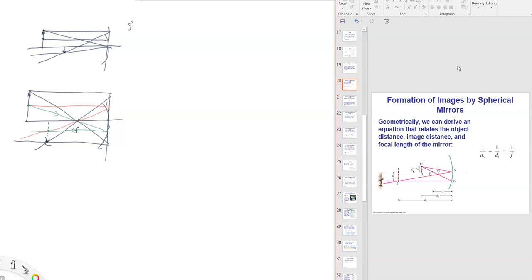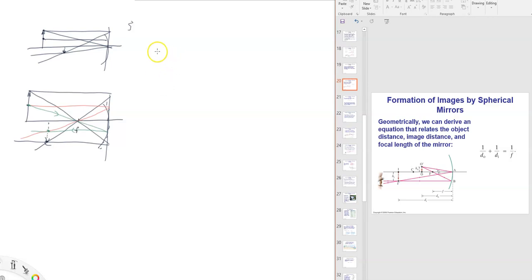Once you understand where these images form, once you have a general idea how to draw the ray diagram, even if you don't draw it to scale, you can have a general idea that if the object is here, the image has to be over here. And then we can use this equation to figure out exact details.